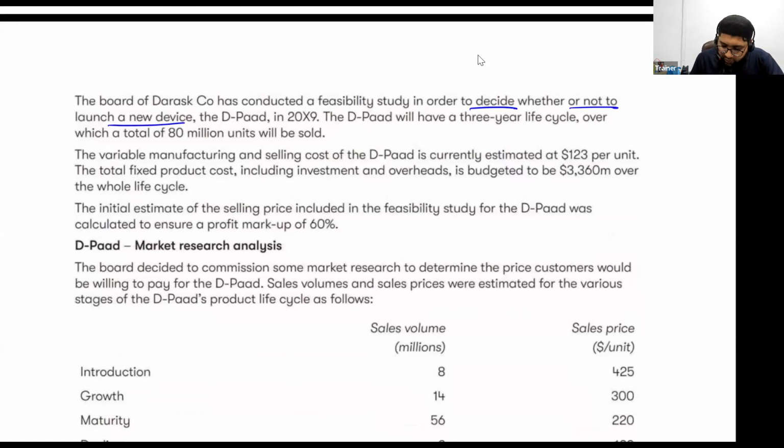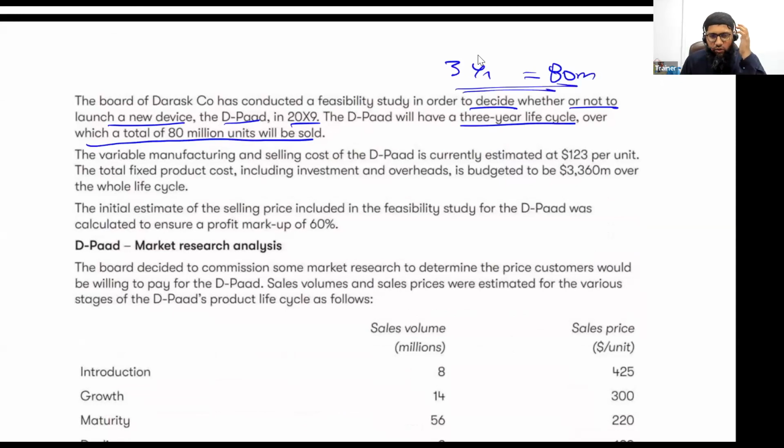The D-pad. In 2009, the D-pad will have a 3-year life cycle over which a total of 80 million units will be sold. 80 million units you are going to be selling over a period of the next 3 years. The variable manufacturing and selling cost of the D-pad is currently estimated at 123 per unit.